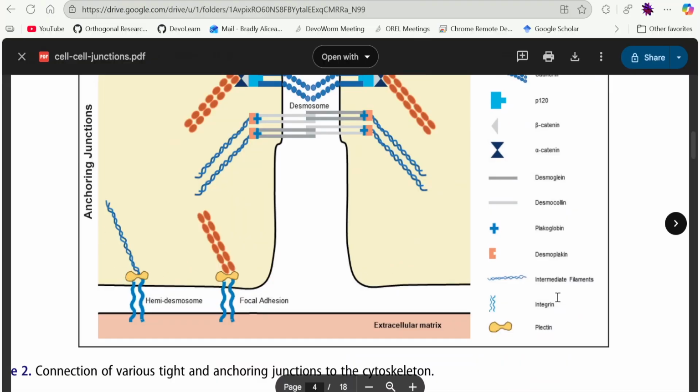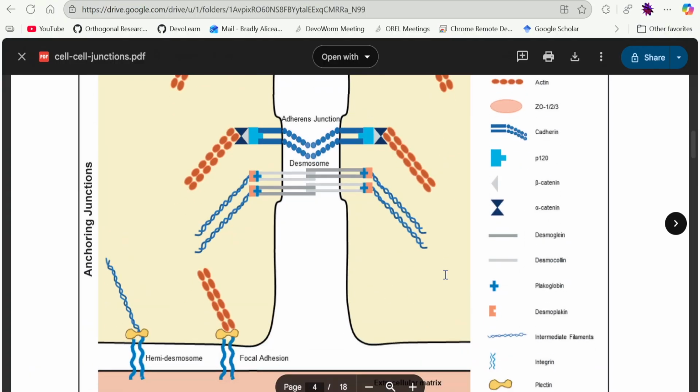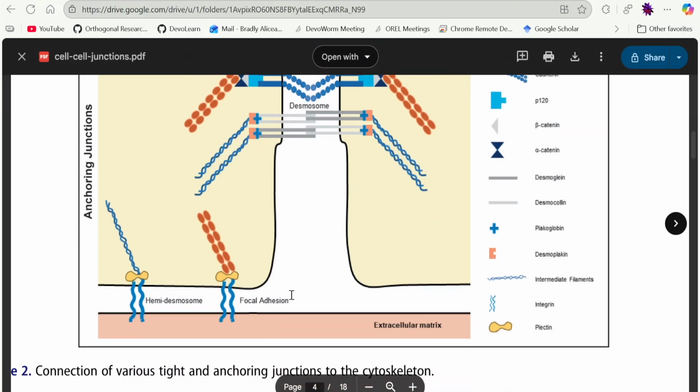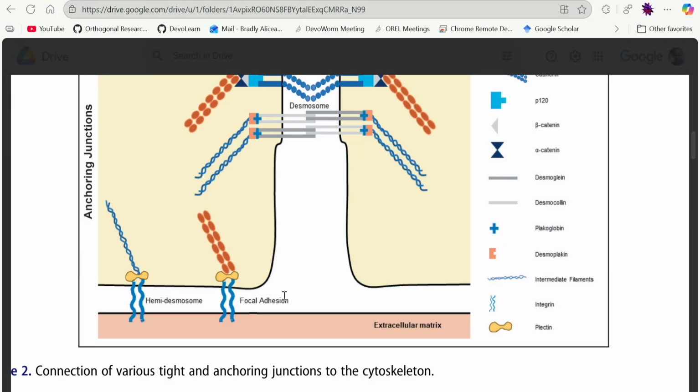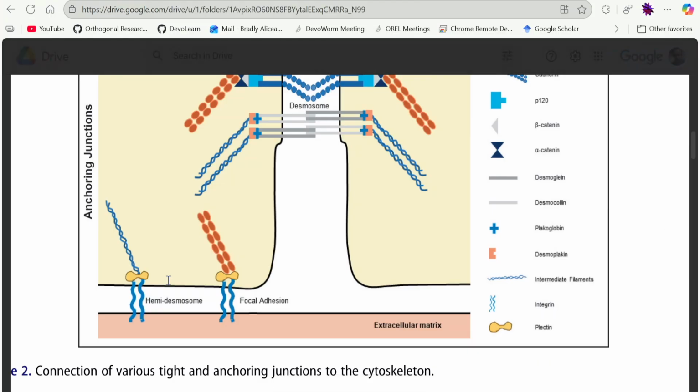And then we have, of course, our plectin molecule here on the junction side, and then these, what are these? Jam molecules or integrin. Oh, your integrin. So your integrin then bridges that gap across the junction. And then the focal adhesions and the hemidesmosomes mediate how the cell connects to the substrate, basically.